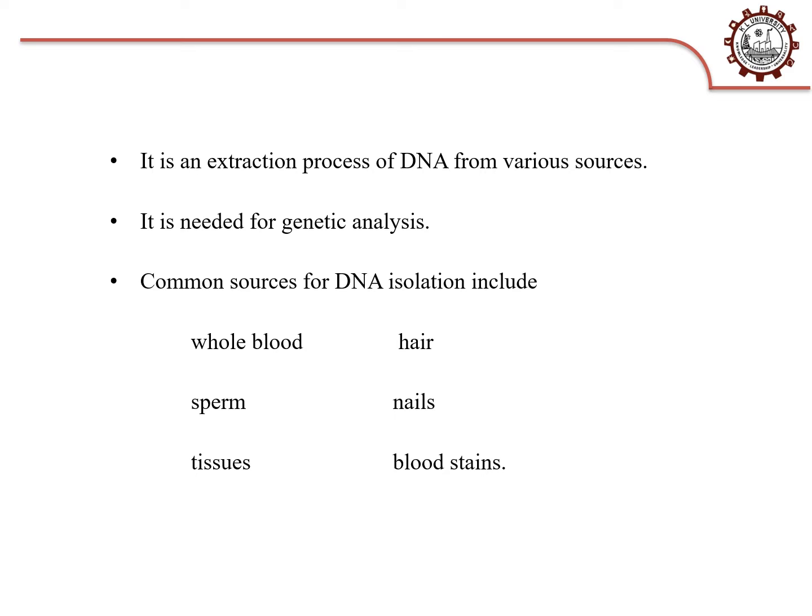Common sources for DNA isolation include whole blood, hair, sperm, nails, tissues, blood stains, saliva, buccal swabs, epithelial cells, paper cards used for sample collection, animal tissues, or plant tissues.